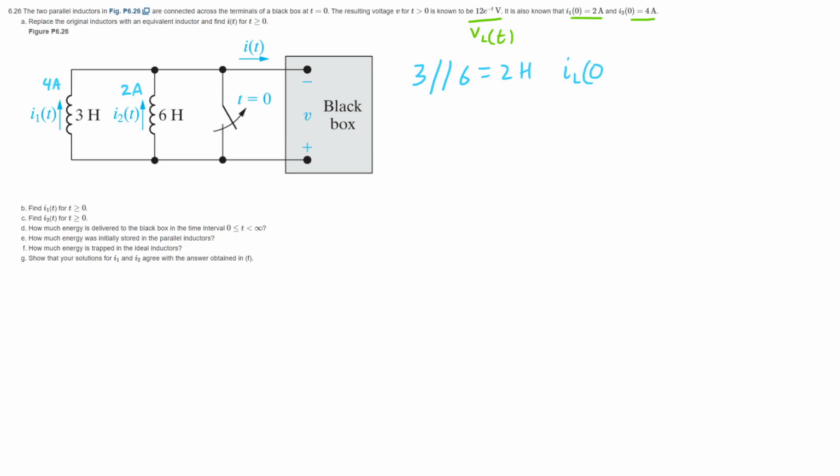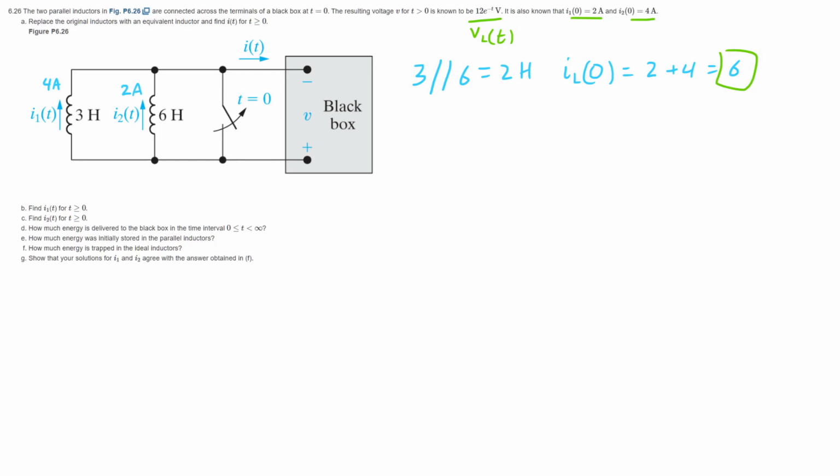So that's going to be, if you add them up, i_L(0), or i1(0) and i2(0), which ends up being 6. So we're going to need that initial condition later. And remember that.